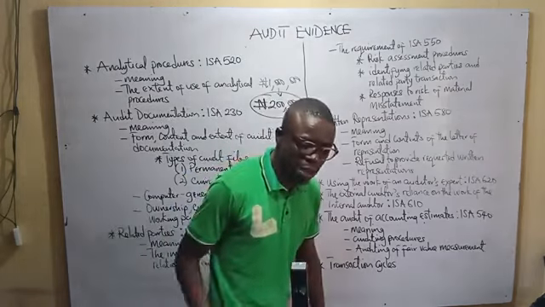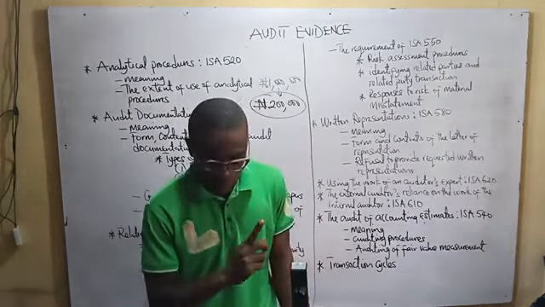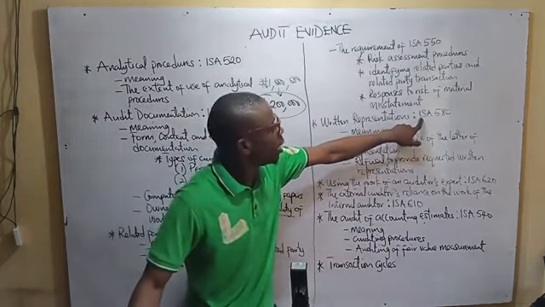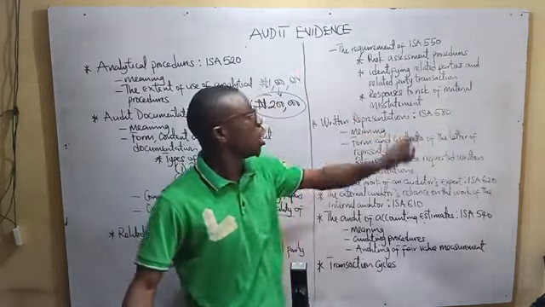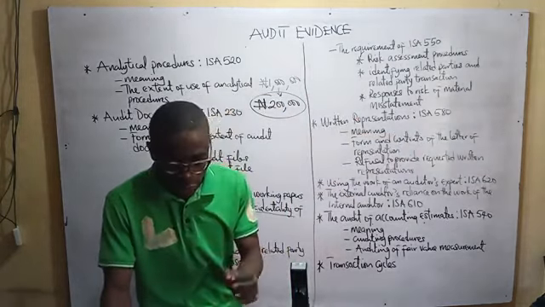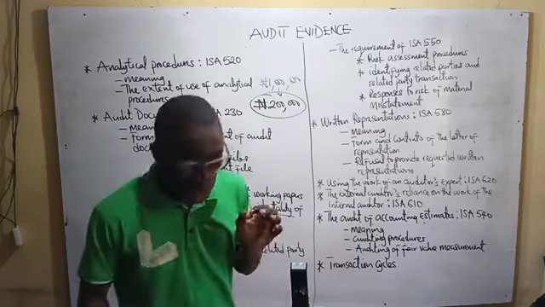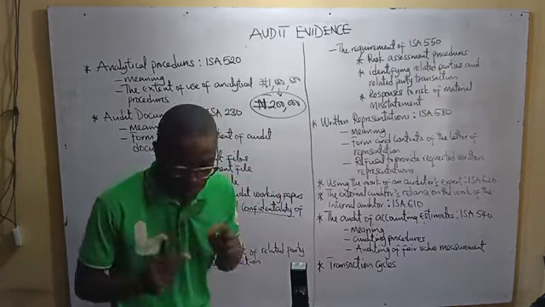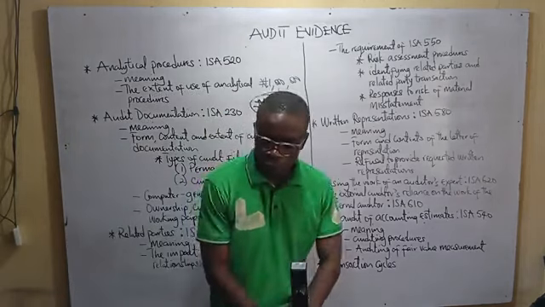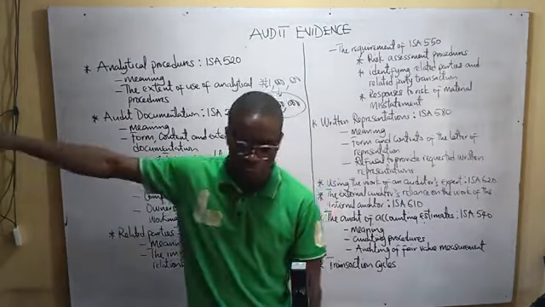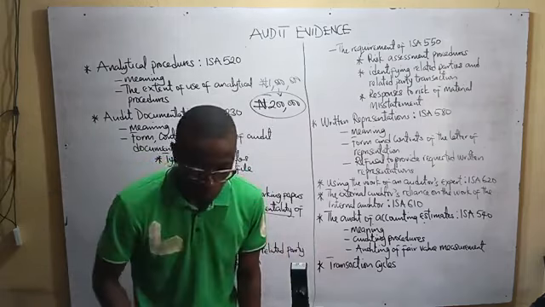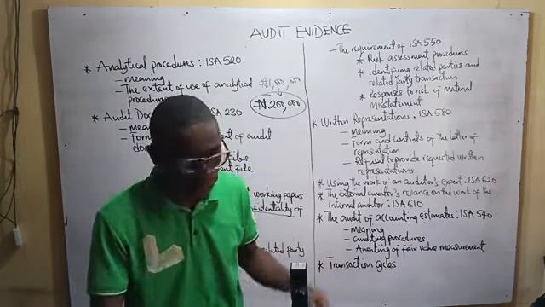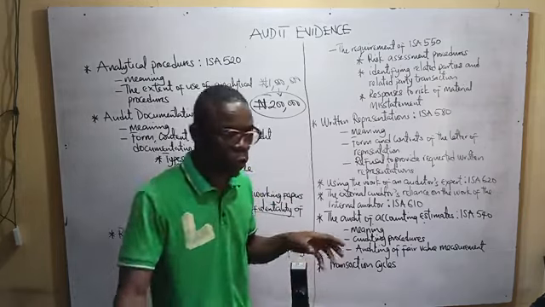Now, management, look at it. Written representation: International Standard on Auditing 580 states that written representation may be obtained from the management that it has fulfilled its responsibility in respect of preparation of the financial statement being audited.